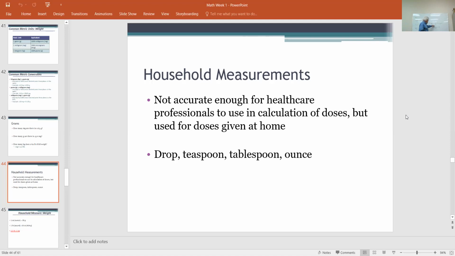Smaller units are based on fractions of the liter or the gram. We have 1/100th, which is centi. So a centigram is 1/100th of a gram. Or milli, which is 1/1,000th, or 1/10 of a centigram, would be a milligram.